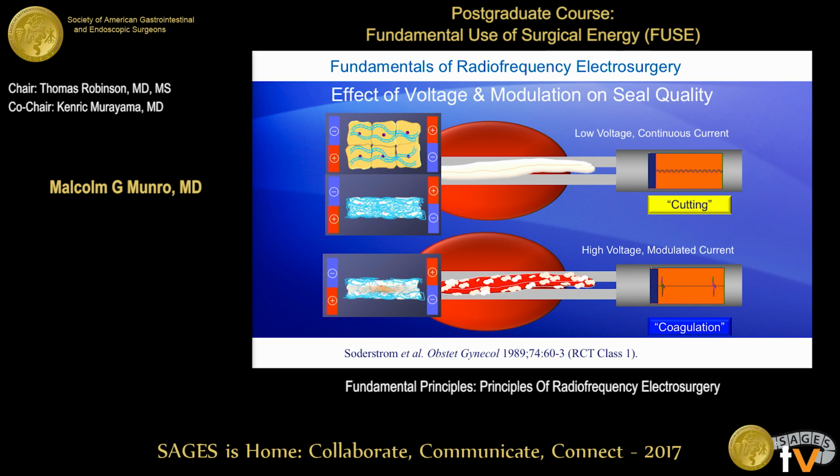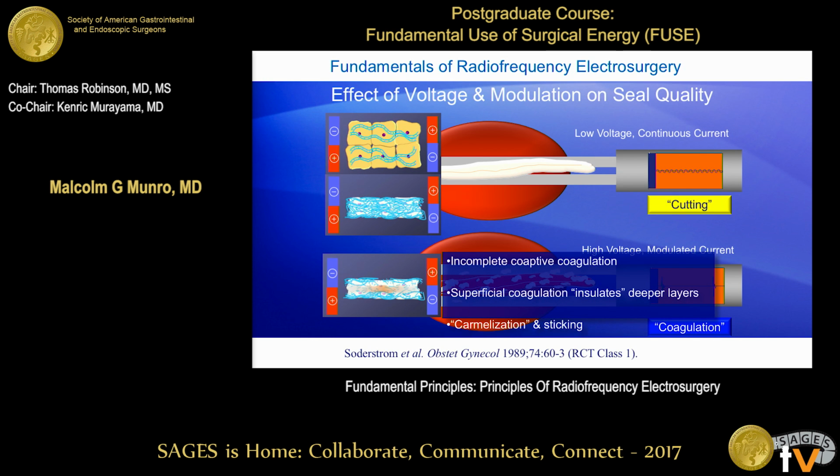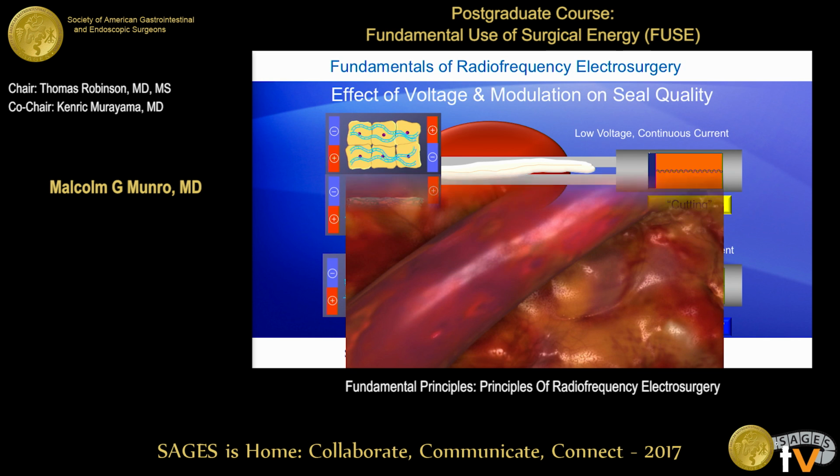The other thing that happens is that when you do this, you actually elevate the tissue temperature much higher, and you start to break down the organic compounds into sugars. It's called caramelization. That's why it sticks. So when it separates, that poor seal with that sort of stickiness. So that's called caramelization.